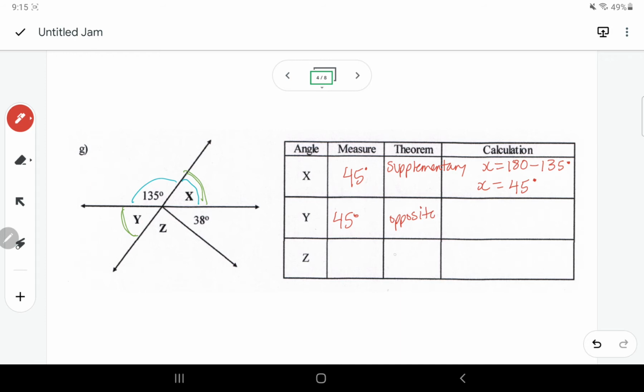And Z we can figure out with supplementary angles because Z plus 45 plus 38 equals 180. So Z, I think, ends up equaling 97 degrees. Everybody good with those? Yep.